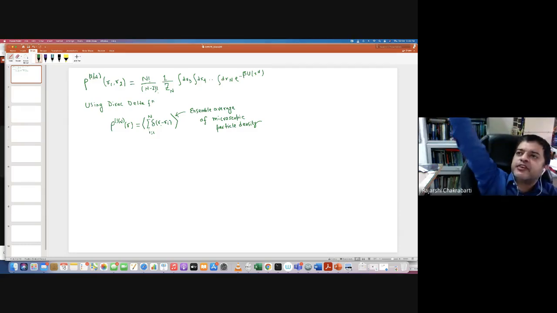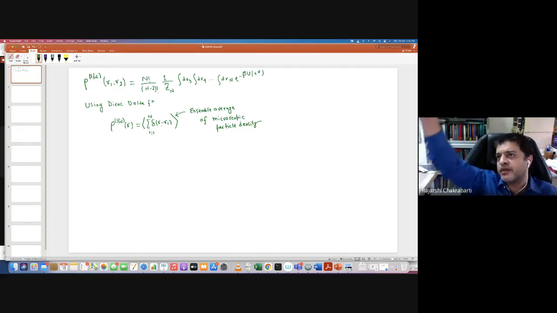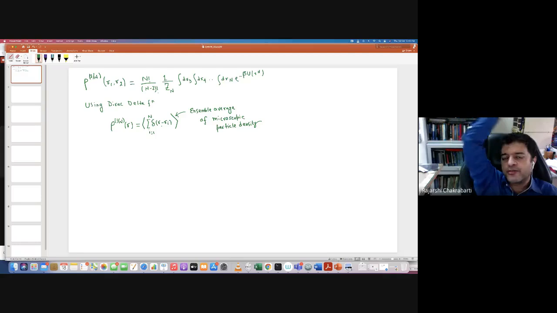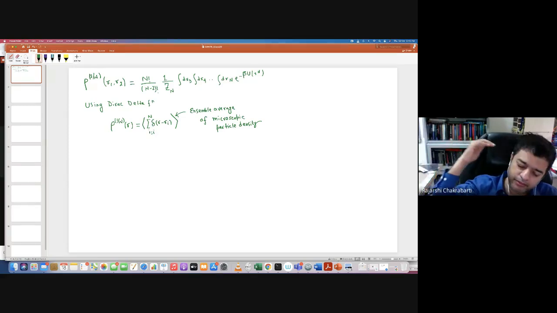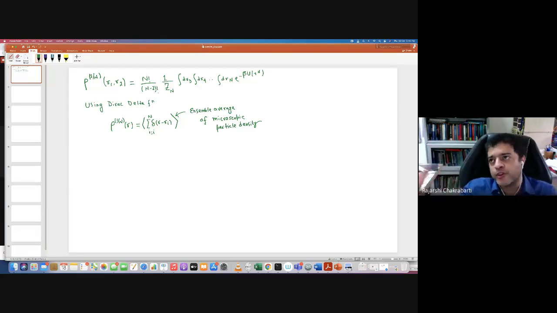So you'll have different snapshots, and I have n number of particles, any of which can be found at a distance r from the center. That's why it's a delta function. This function has a huge peak value when r equals ri. So I take that, and then I sum over all the n particles, and that is not enough. Then I have to sum over all possible arrangements.